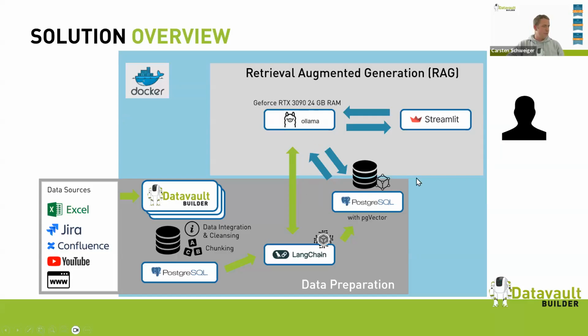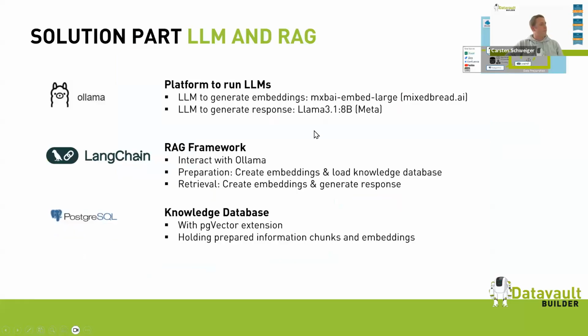So we have here again our 2 processes, and let's start to look in the middle, at the core of the solution, what we used. For running the LLMs, we used Ollama. It's an open source platform to run LLMs. And we had 2 different LLMs.